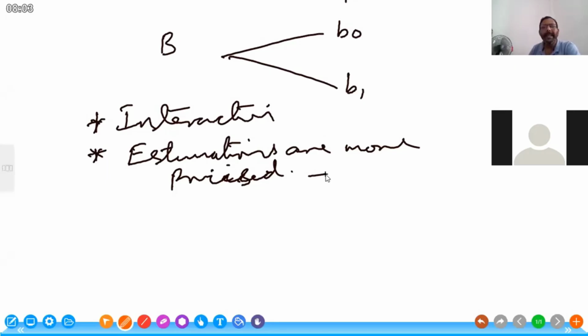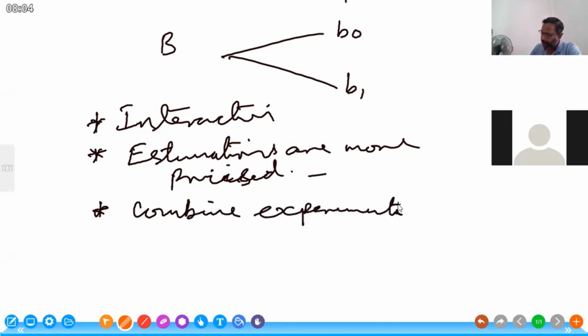What do you mean by indirect replicate? Due to this, people prefer it, and also we can combine experiments. That doesn't mean we can combine all kinds of experiments. As I pointed out yesterday, we can combine some of the experiments.